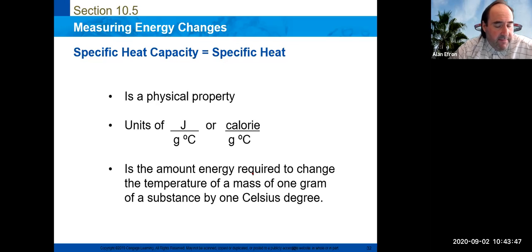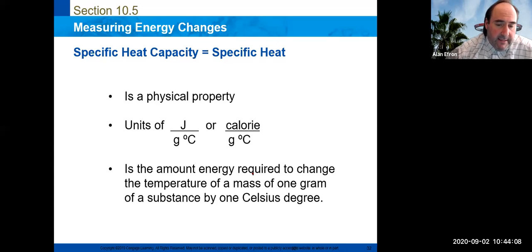And again, it is that amount of energy that's required to change that substance by 1 degree Celsius per 1 gram. That means if you think about it, if you have a larger value for the specific heat capacity of a substance, it takes more energy to change the temperature by 1 degree than if you had somebody that had a smaller one.